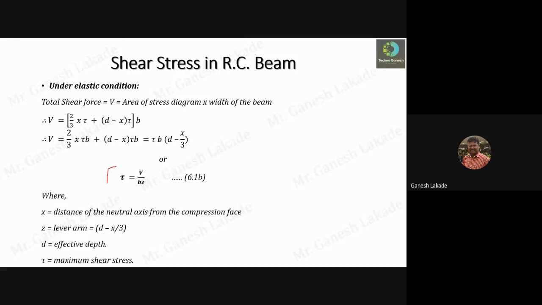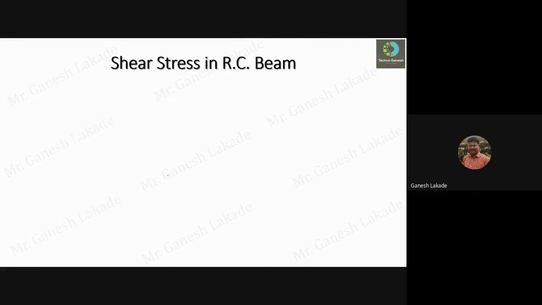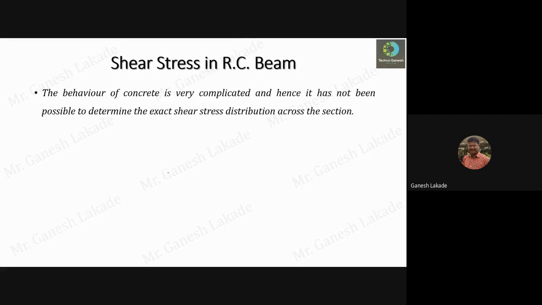Why I am writing this equation here is because you have to use this equation as specified by IS 456 also. If you open IS 456, there is one clause. Let's discuss it. The behavior of concrete is very complicated, and hence it has not been possible to determine the exact shear stress distribution across the section.